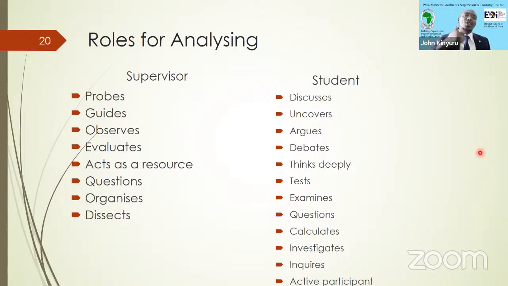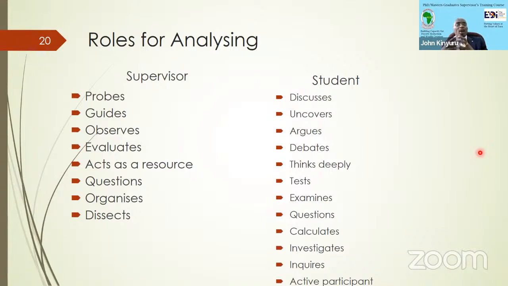At this point, as a supervisor, you are an agent of learning, acting as a resource. Using the knowledge that you have, you are asking the right questions, helping the person organize their thoughts, experiments and design so that they can get the right answers.